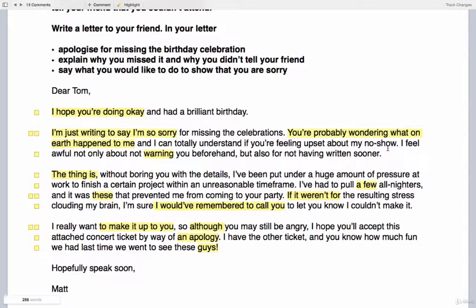I feel awful not only about not warning you beforehand, but also for not having written sooner. What are we doing with this word here, warning? How to maximize your vocabulary score. Now we'll learn about this in lecture 14, and it's really all about paraphrasing and avoiding repetition.